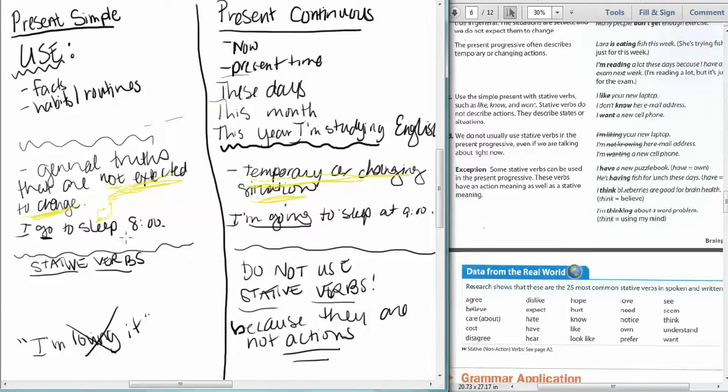Very big difference in these two sentences, simply because one uses the present simple and one uses the present continuous, and thus has a different meaning because of the verb tense. This is why these two tenses are very important to understand. So that is how to use the two. Again, the next video is going to be on the exceptions that have to do with these stative verbs and different meanings.